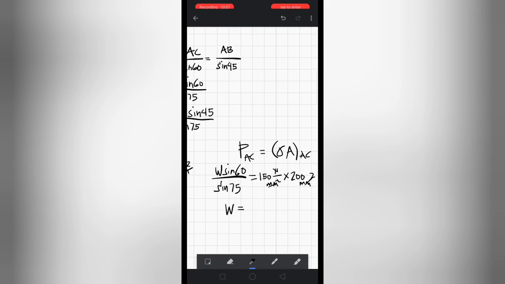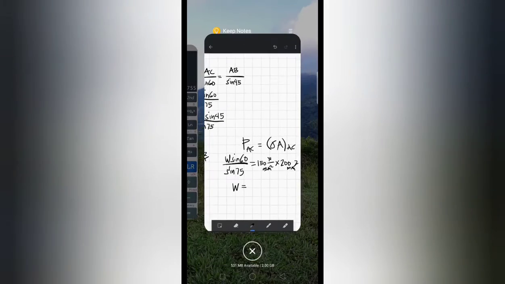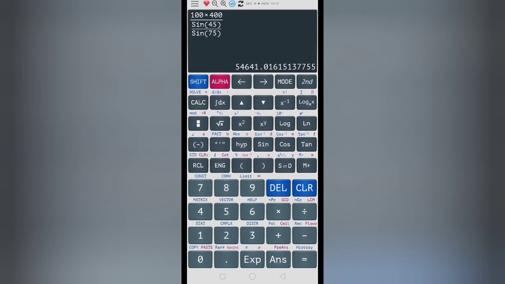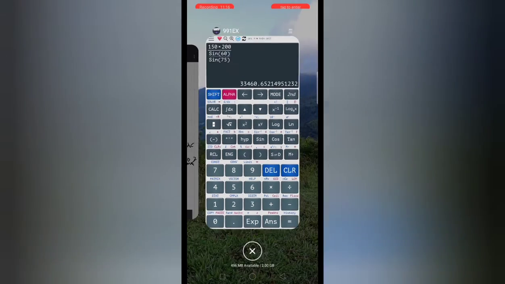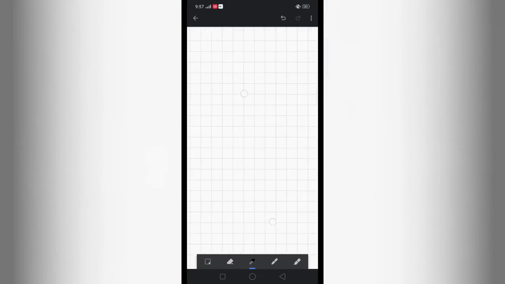And then for AC, sine 60, 150 by 200, 150 by 200 over sine 60 over sine 75. We will have 33,460 newtons.